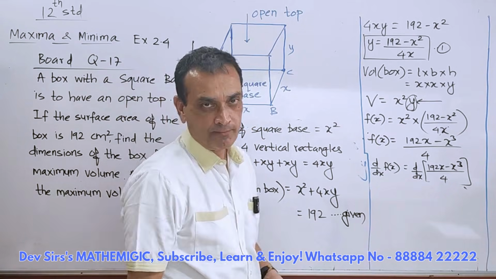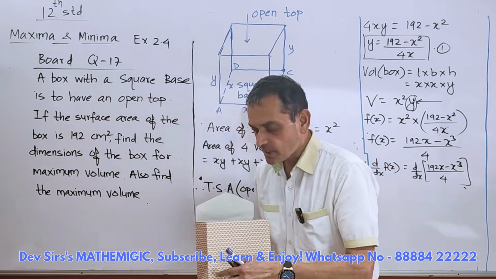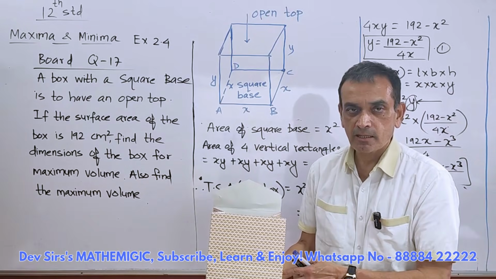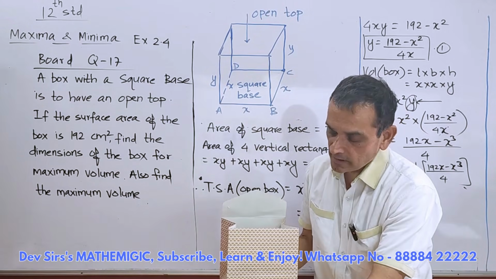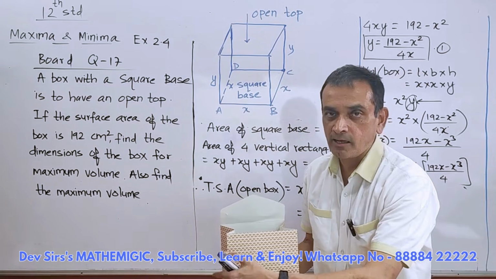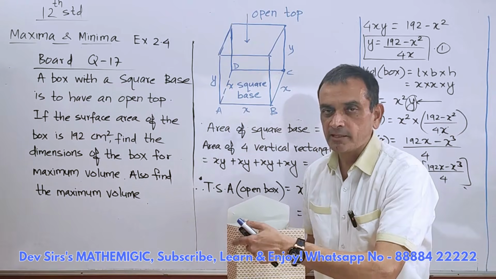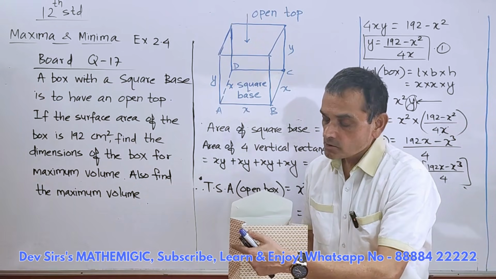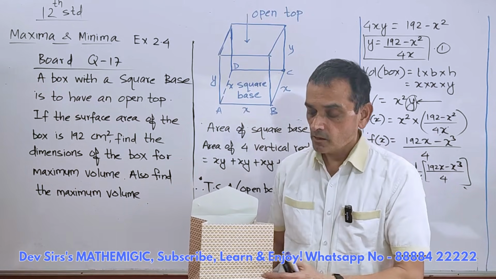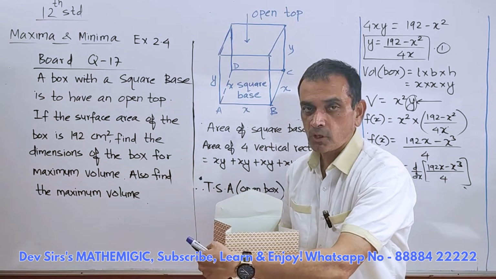Height of the box is y. Now when I say height of the box, this becomes y. This is x, this is x. So what is the area of this vertical rectangle? x into y, length into breadth, right? So we have got 4 such vertical rectangles. 1, 2, 3 and 4.